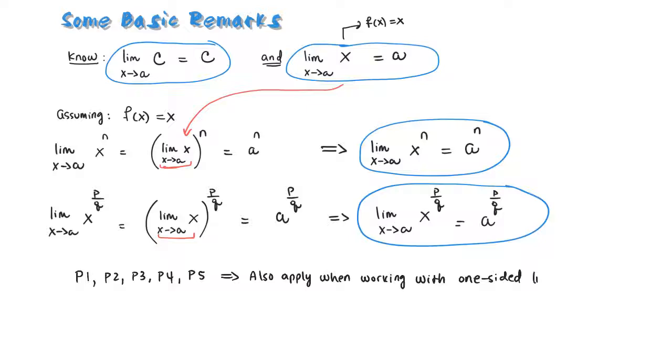The same conditions, the same conclusions apply. In one of the examples that we're going to tackle later, you're going to see that I will apply the same properties even though it is a question about one-sided limits.